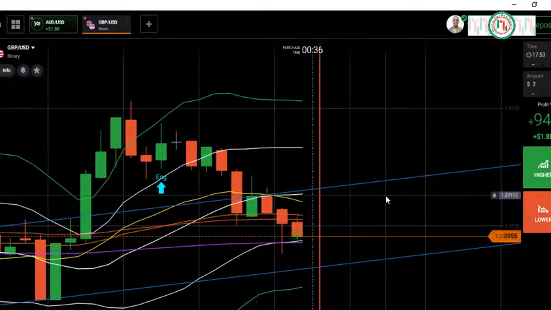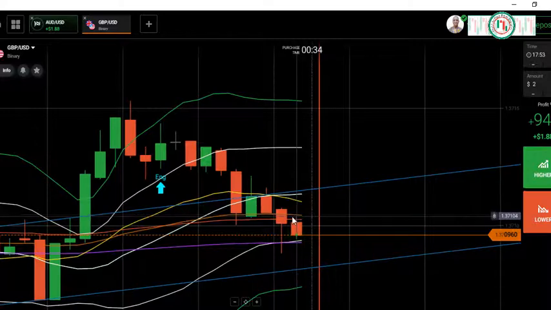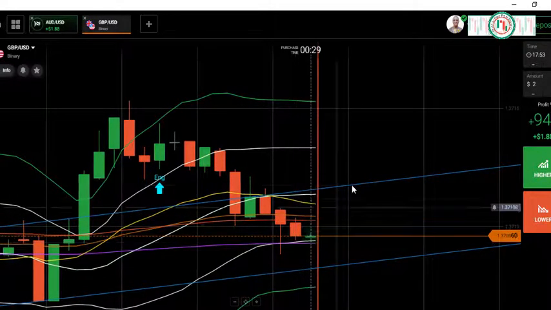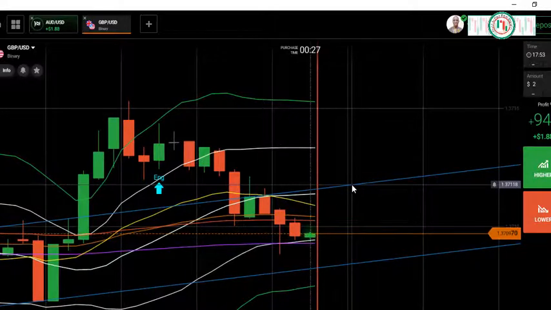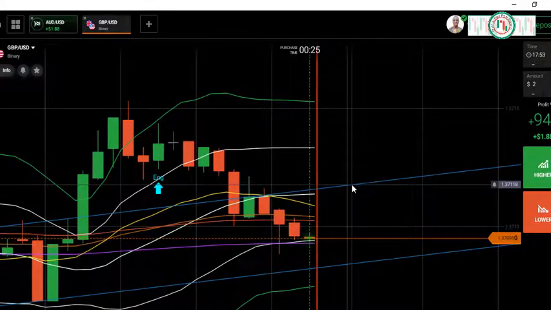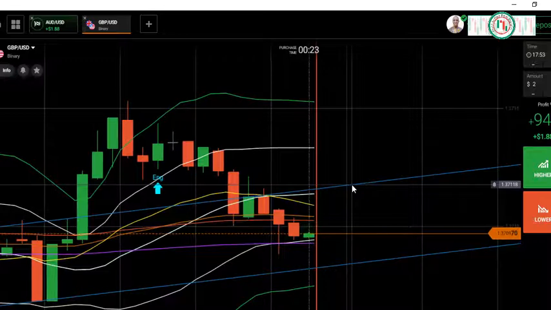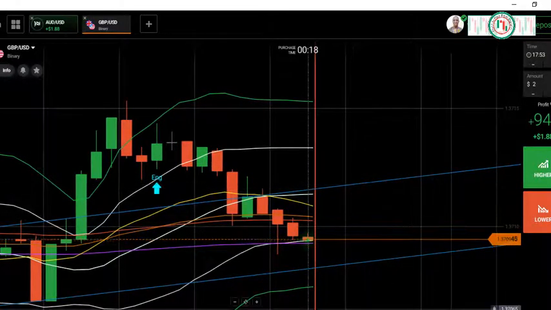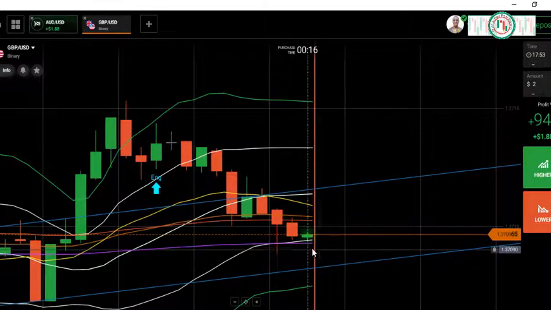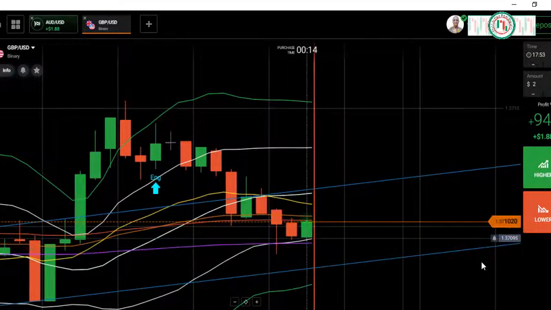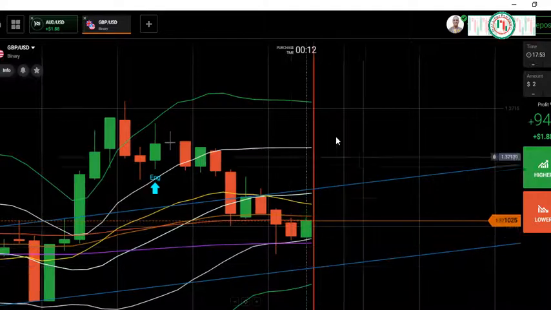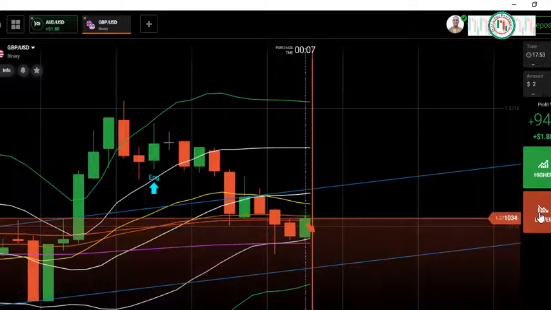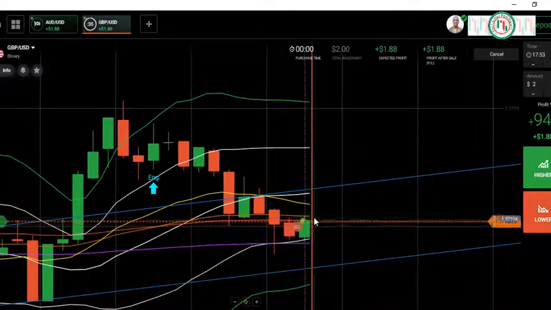Now we are in a consolidation area between 100 and 200 EMA. So if the market breaks this, yes, I place my trade put option.